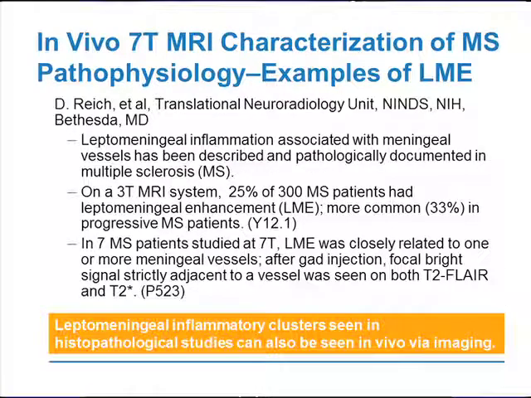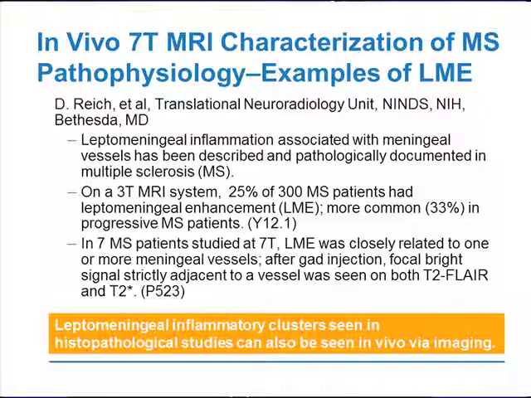So I had a couple of examples of the higher field magnet, both out of Danny Reich's group, which is at the NINDS, and also in coordination with Johns Hopkins, because we've been very interested to see whether higher field magnets, which give us much prettier pictures, will actually produce anything that is more usable in terms of clinical relevance.